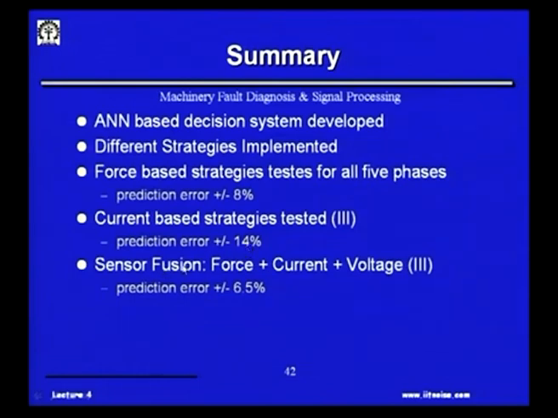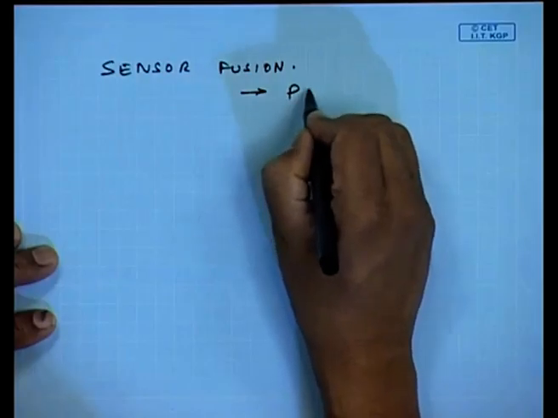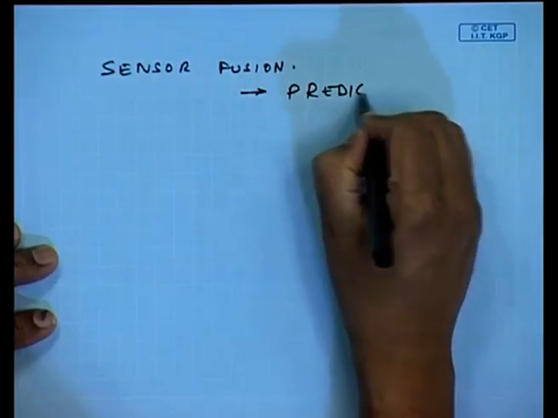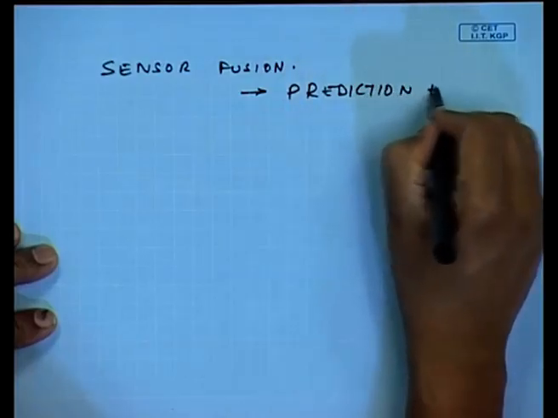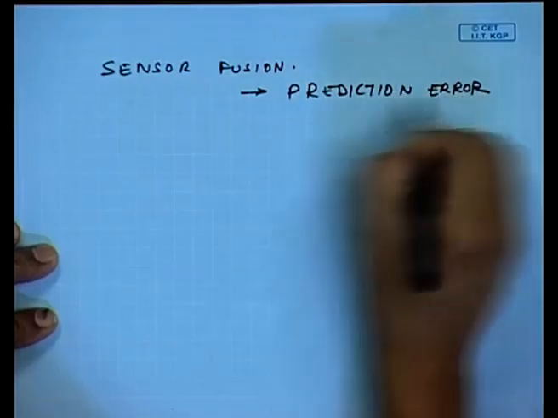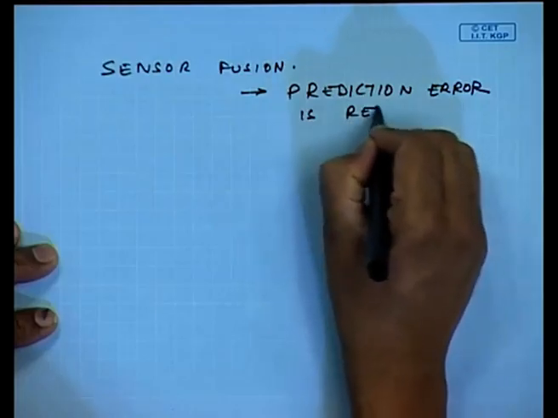But when we used sensor fusion using force, current and voltage, the prediction was within 6.5%. So prediction error is reduced.